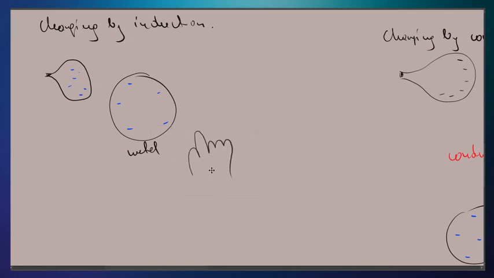Wait, that's grounding. Yes, okay. So now some of these electrons jump. Let's say 2 jump in here, 1 and 2. So your finger is now charged, but then here these are missing.